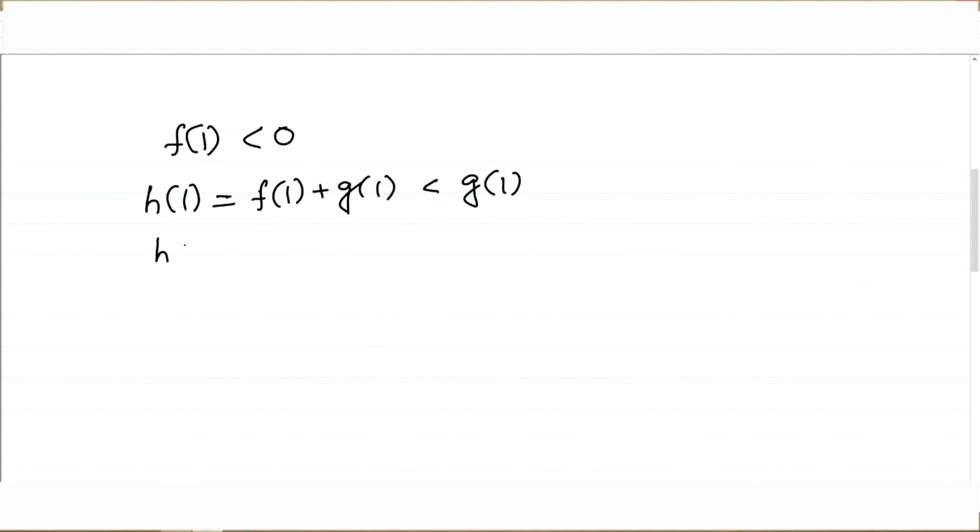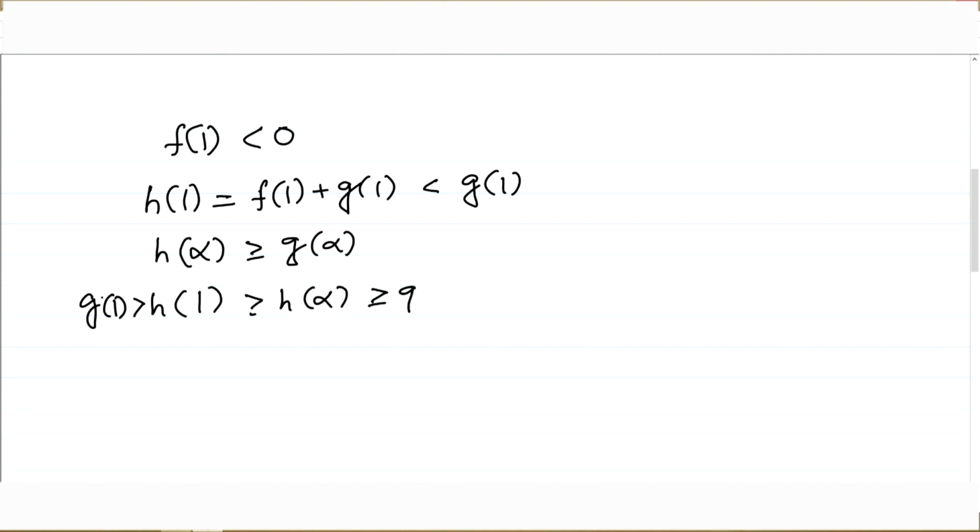We have already proved that h of alpha is greater than or equal to g of alpha. So now g of 1 is greater than h of 1, and it is greater than or equal to h of alpha, and it is greater than or equal to g of alpha.